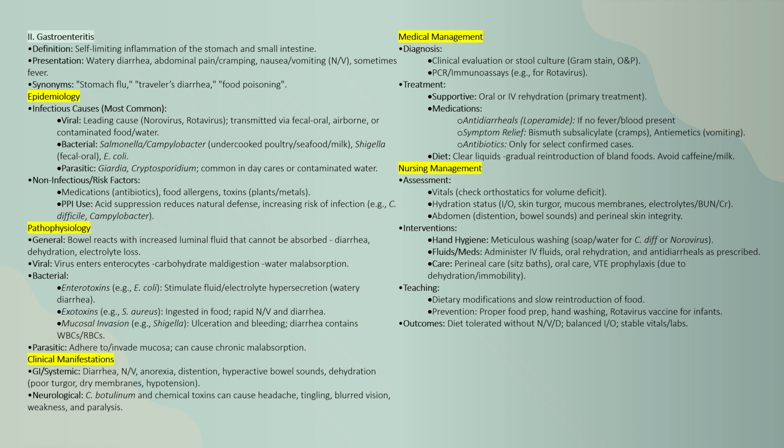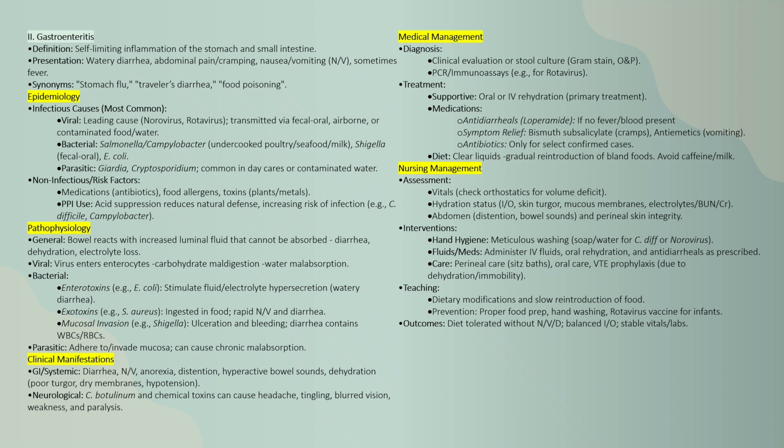Parasitics like Giardia adhere to or invade the mucosa, causing diarrhea and potentially a chronic malabsorption syndrome. Clinical manifestations, signs and symptoms: diarrhea, nausea, vomiting, anorexia, abdominal distension, hyperactive bowel sounds, dry mucous membranes, and signs of dehydration, poor skin turgor, decreased blood pressure.